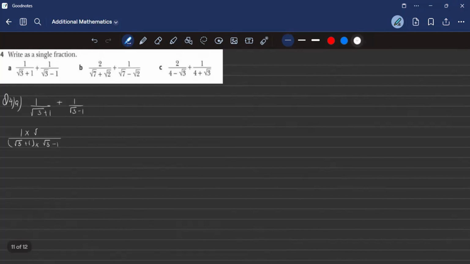So under root 3 minus 1 multiplied here also. Now plus, again, the same process here. 1 divided by under root 3 minus 1 multiplied by under root 3 plus 1. And before I do that, the numerator will also be multiplied by under root 3 plus 1. And that's a simple method.